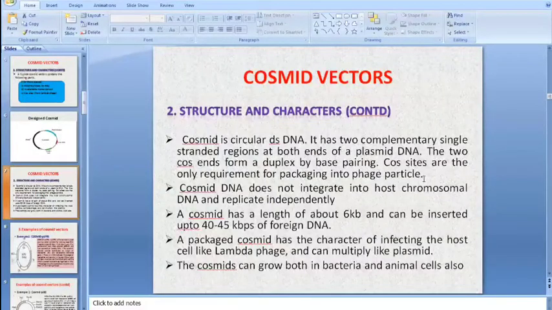At the same time, it can multiply just like a plasmid vector inside the host cell. So there is a dual function of this cosmid vector. Hence, they are more advantageous than the plasmids or bacteriophages. And another important property is they can grow both in bacteria and also in other eukaryotic cells or animal cells.